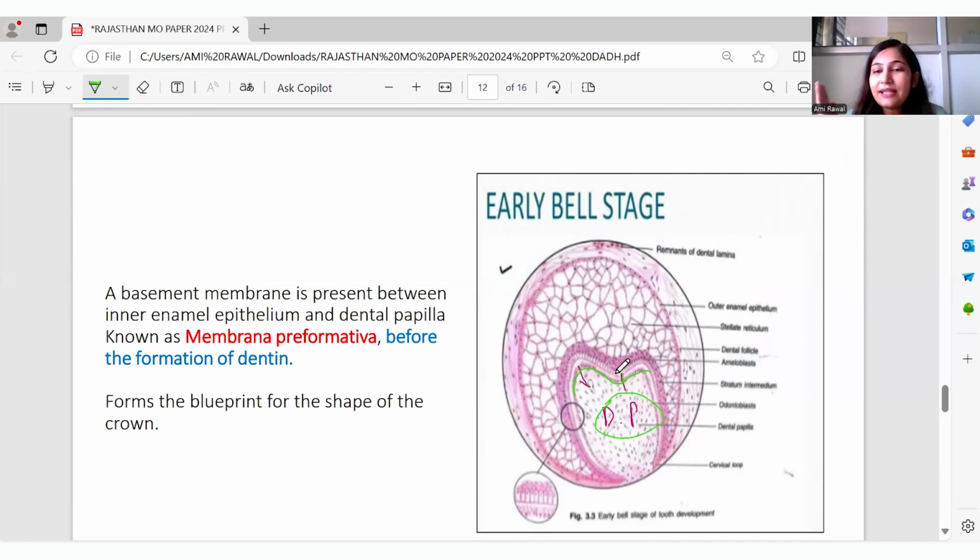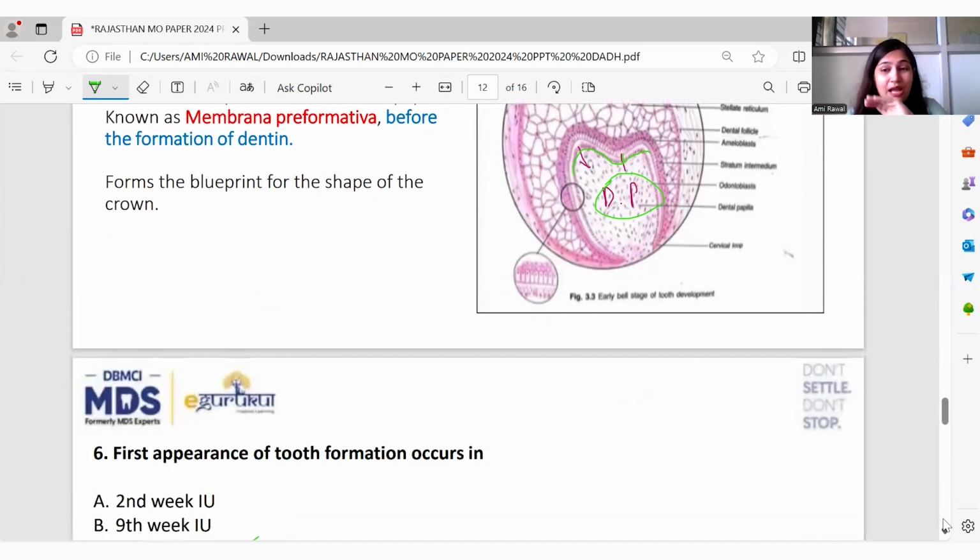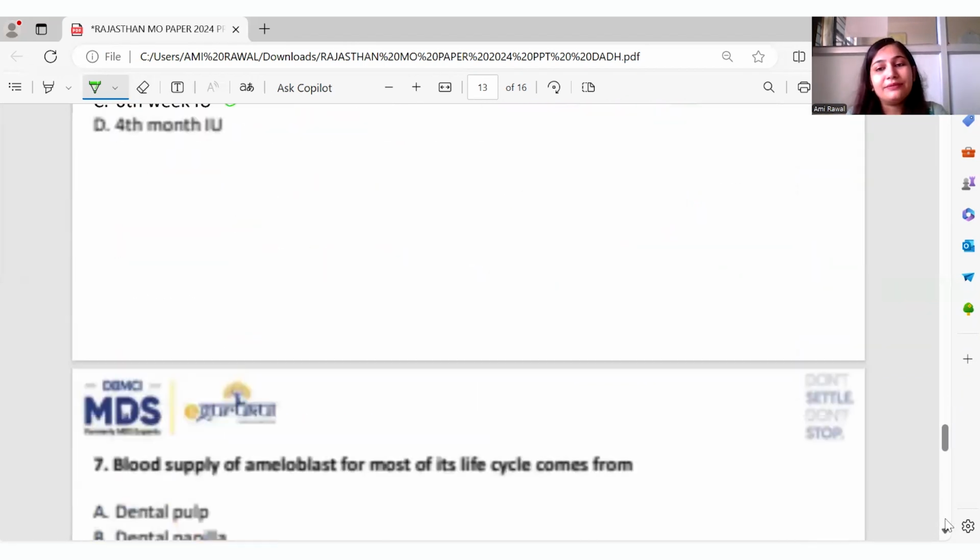So these inner enamel epithelial cells differentiate into ameloblasts and form enamel. They are getting nourishment from dental papilla initially during early bell stage. But once dentine is formed, hard tissue is formed here. If hard tissue is formed here, what will happen? The blood supply will be cut off from the dental papilla.